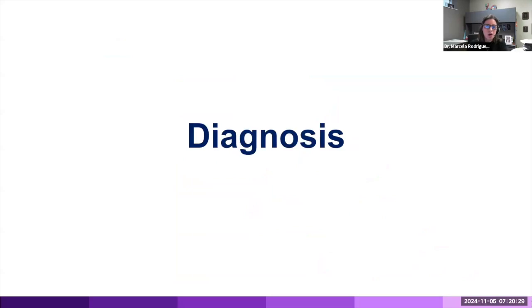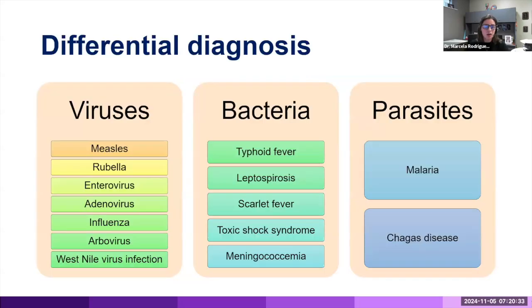As far as diagnosis, there are several entities that we have to keep in mind in the differential diagnosis of dengue. Different viruses such as measles, rubella, enterovirus, adenovirus, influenza, arbovirus, and West Nile virus infection can show up like dengue fever.